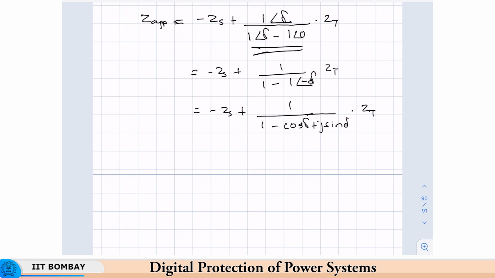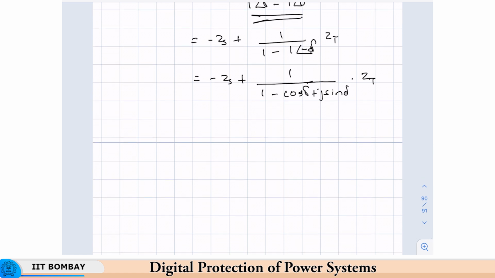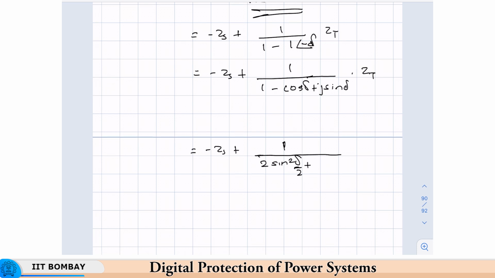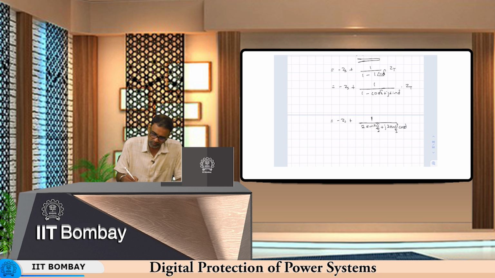So, now we'll do some trigonometric manipulations here. 1 minus cos delta we will write as 2 sin square delta by 2, and this we will write as j sin 2 delta by 2, that is, 2 sin delta by 2 cos delta by 2. There is a Z_T here.